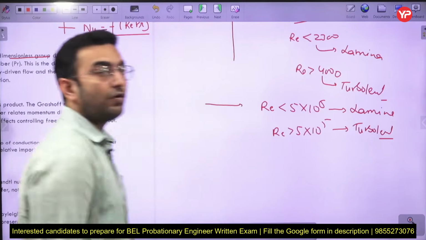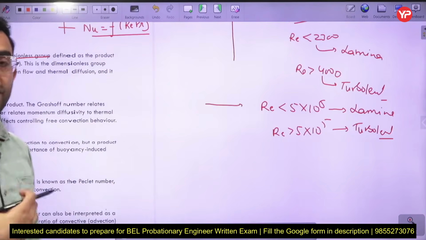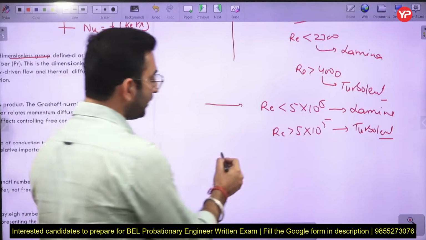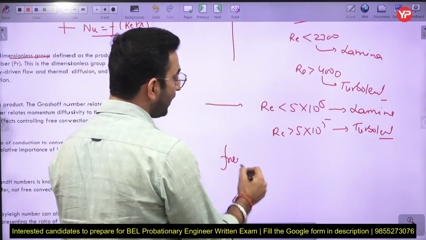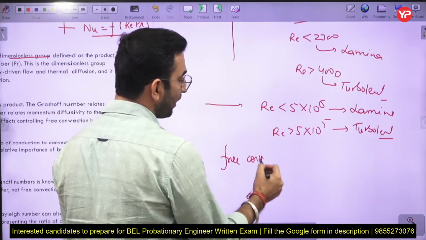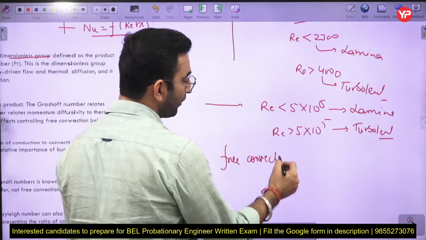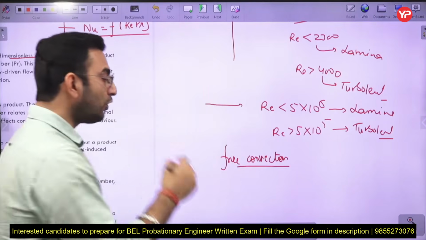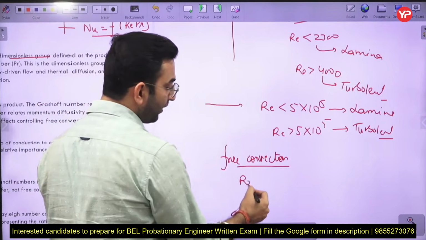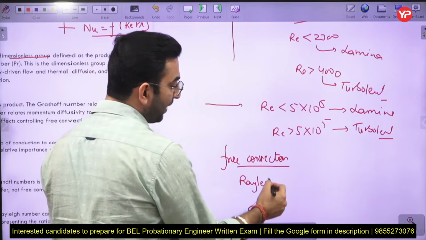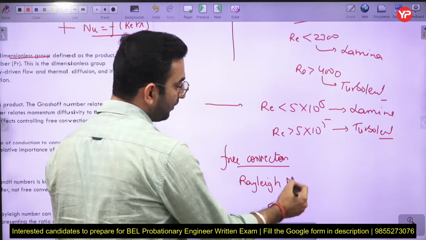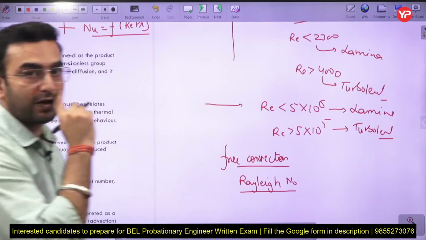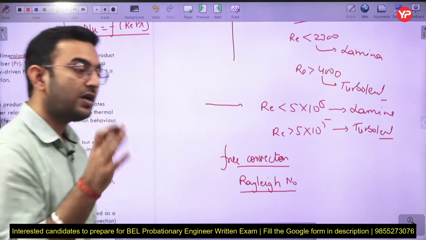But when we study free convection, in order to find out whether the flow is laminar or turbulent, we define a Rayleigh number. On the basis of the Rayleigh number, you characterize the flow as laminar or turbulent. Remember that part, that is very, very important for you.